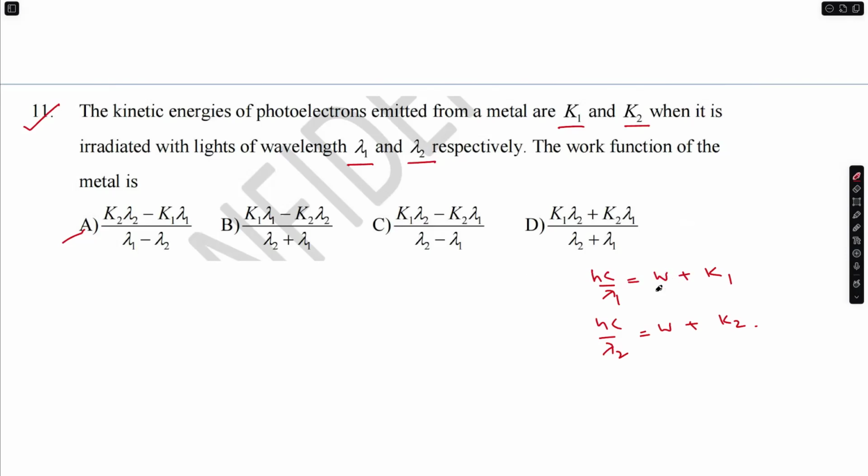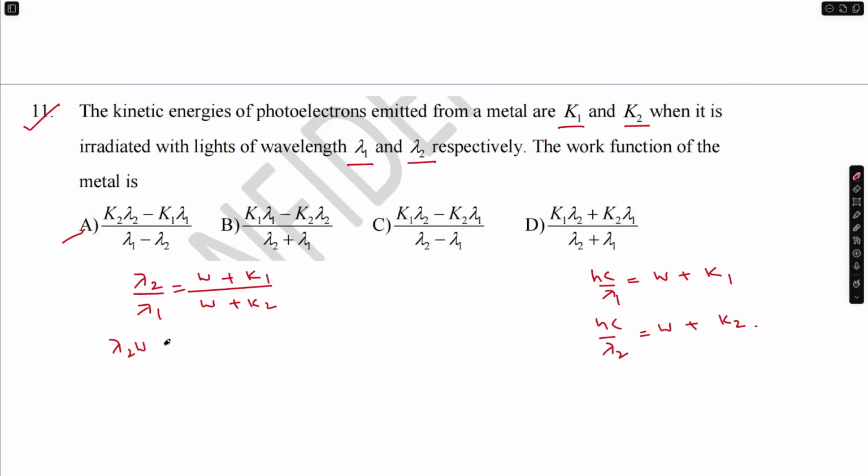See, you have two observations here. You cannot eliminate the work function here, by the way. So what you can do is take the ratio, that's all. You will get lambda 2 by lambda 1 is work function plus K1 by work function plus K2.